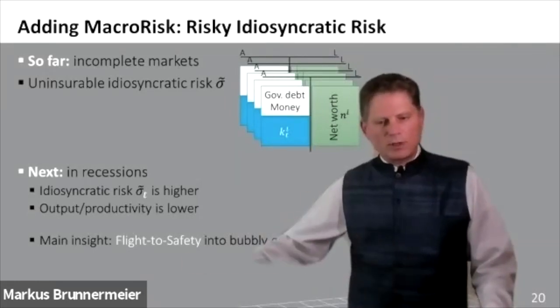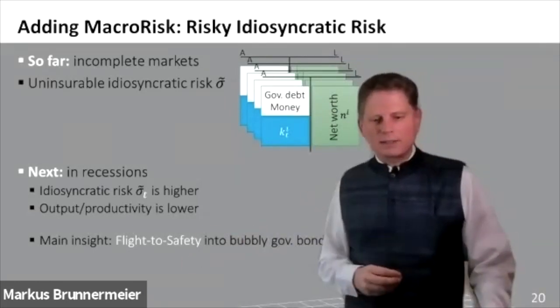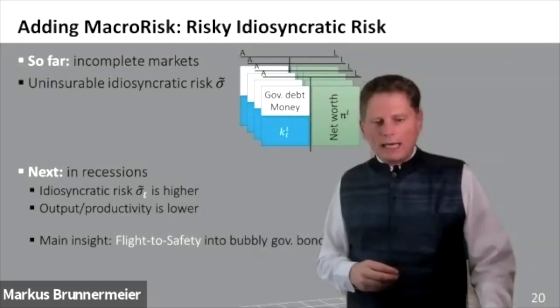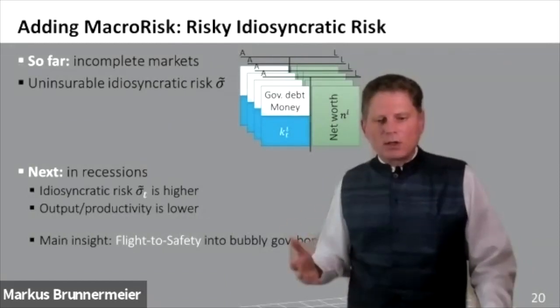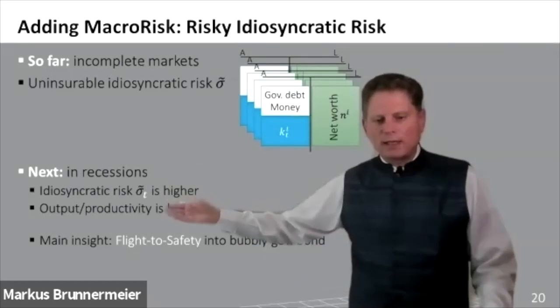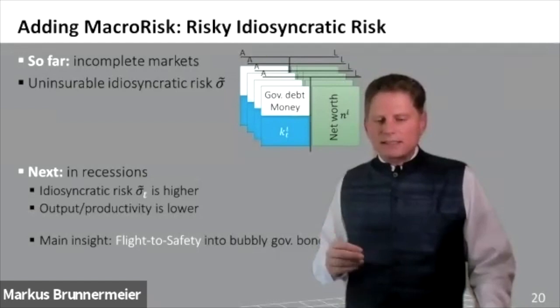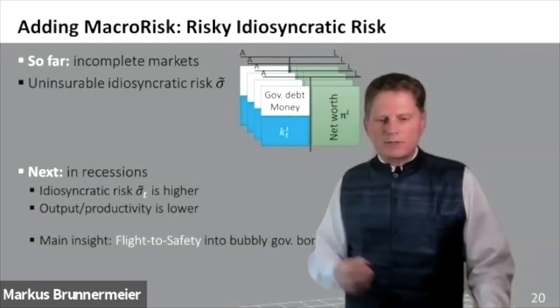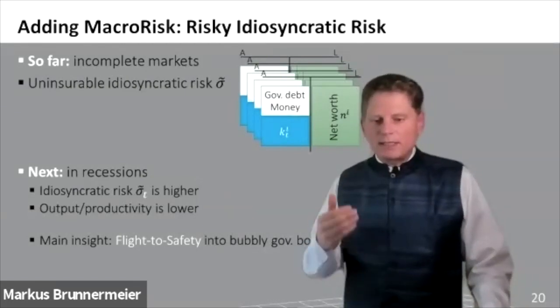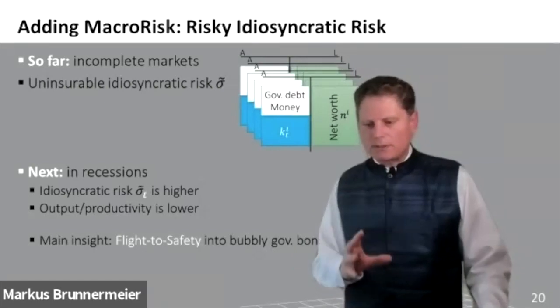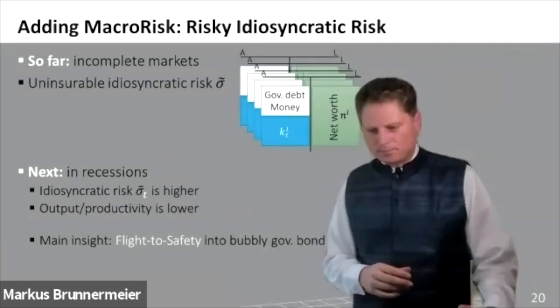The aggregate risk might go up too, but in particular the idiosyncratic risk is going up. And output and productivity is lower in recession. So these are the two new elements to put in the model. And then the main insight is that there will be flight to safety in times of recession into this bubbly government bond, as long as we stay in the bubble equilibrium.